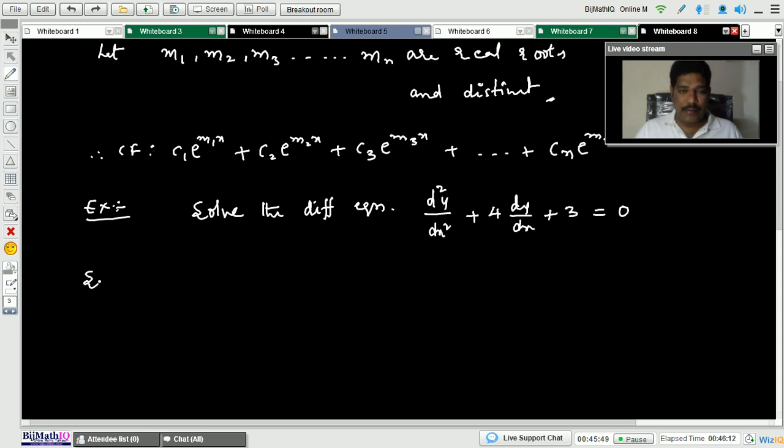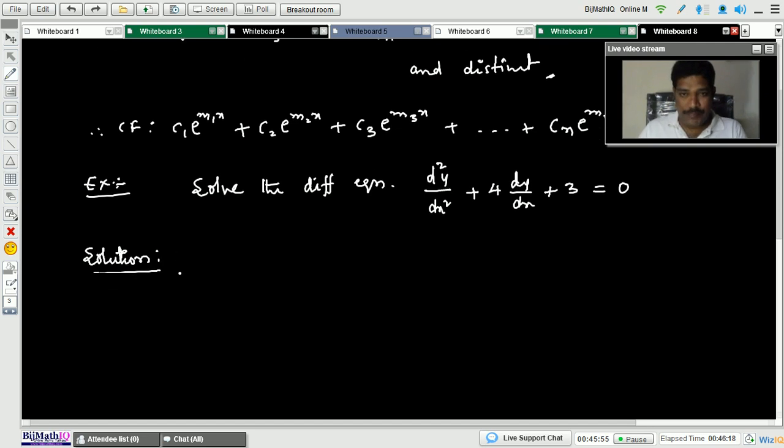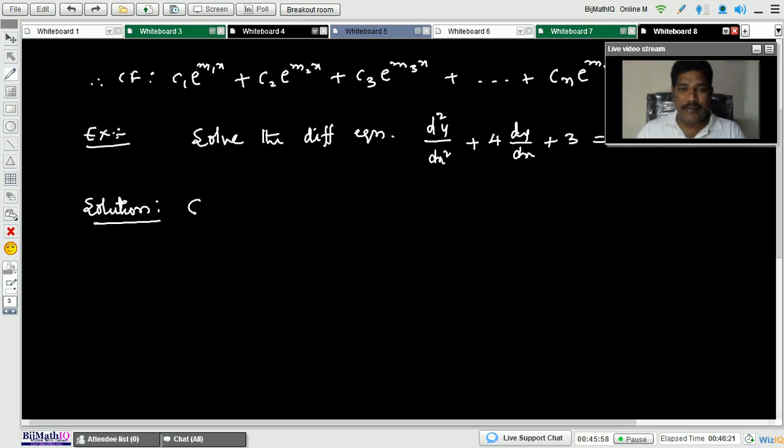So what is our working procedure? Here I am writing the solution. First write the given differential equation: d square y by dx square plus 4 into dy by dx plus 3 equals to 0.